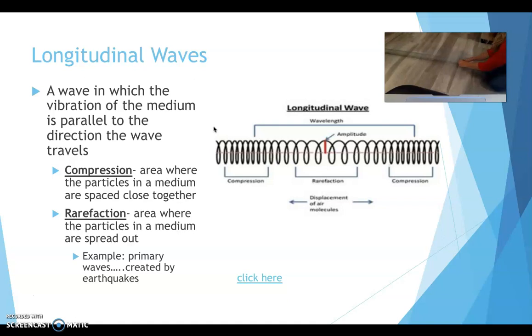You can see the compression and then the refraction. And that is going to be an example of our earthquake waves. Remember, compression, they come close together. Refraction, they're going to go farther apart. And you can see where they compress because it becomes denser and darker.